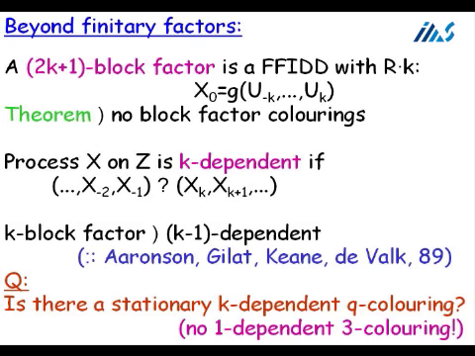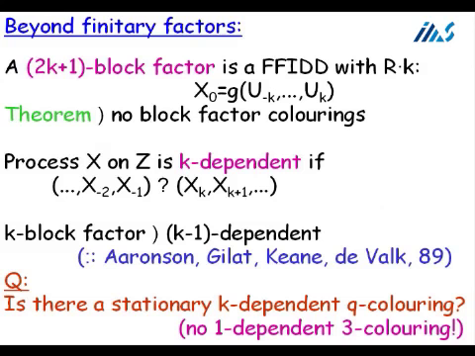Okay, so we can show that there's no one-dependent 3 coloring, but we don't know anything about any other values of k and q. This is in dimension 1.